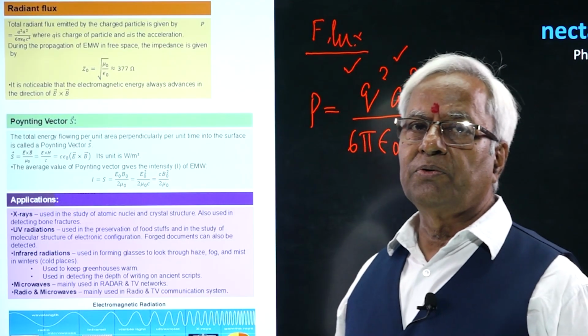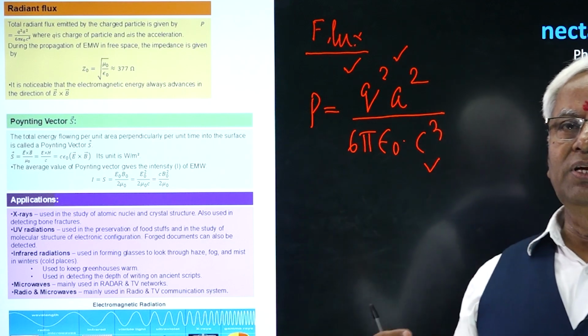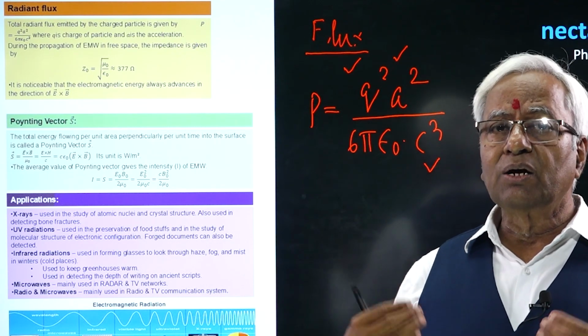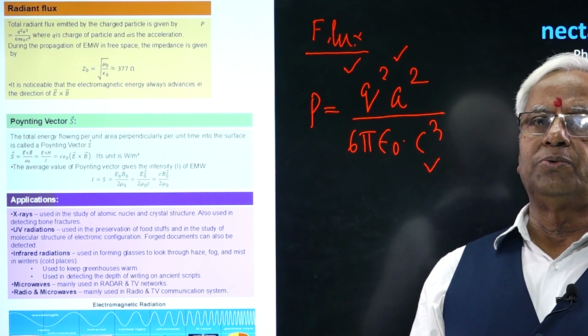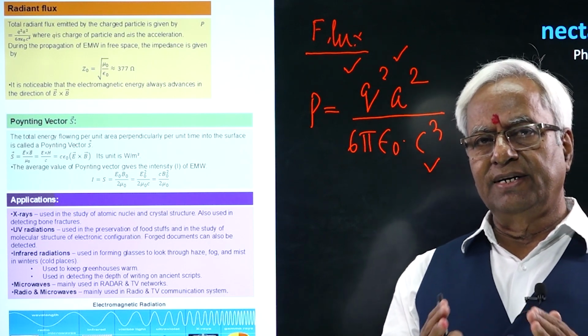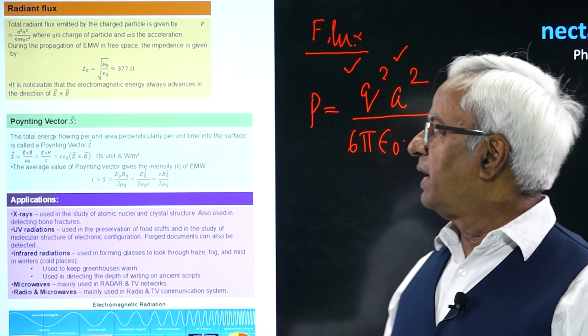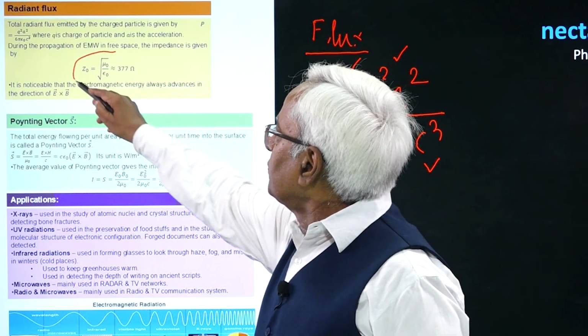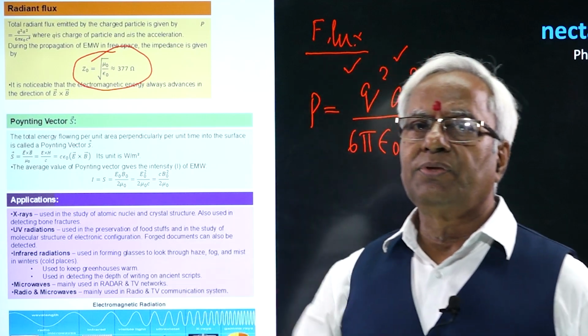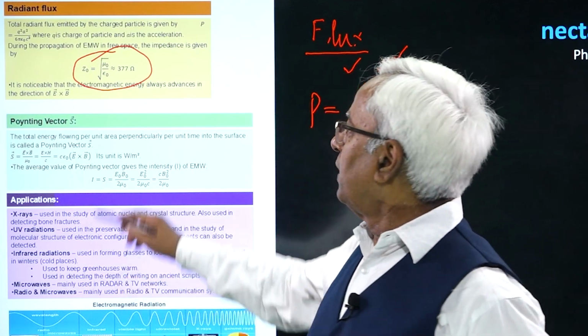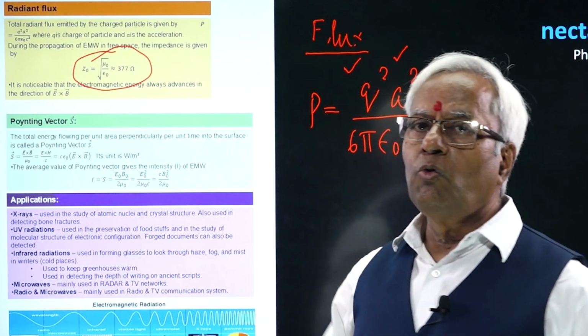You see, when electromagnetic waves travel in free space, even there they are subjected to some kind of hindrance, and the concerning impedance is given by root mu naught upon epsilon naught, and that amounts to about 377 ohm.